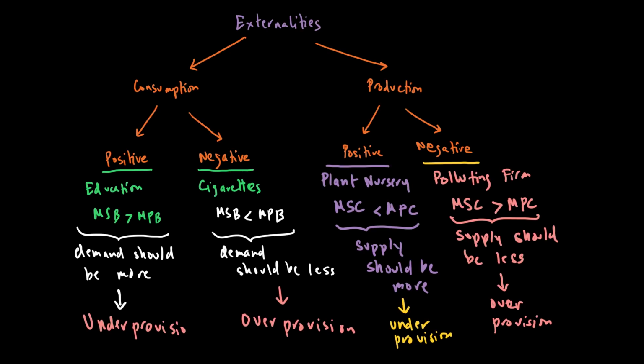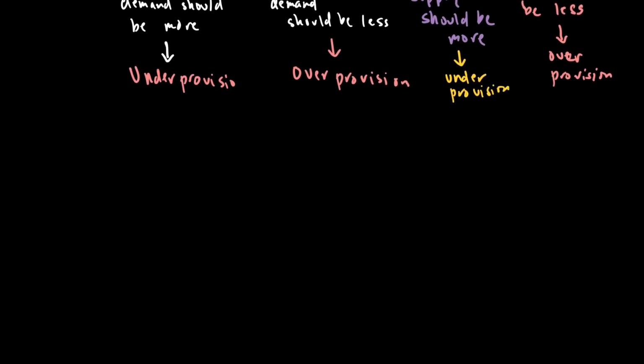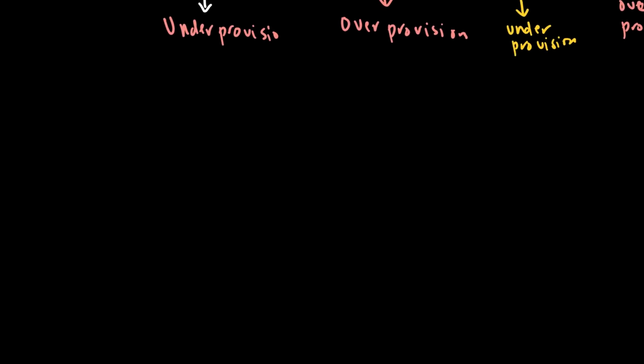So on the consumption side, if I want to make a positive consumption externality, the diagram would look like this. Once you get a hang of a couple of diagrams, we know how all the 4 cases will look. So this is a case of a positive consumption externality.